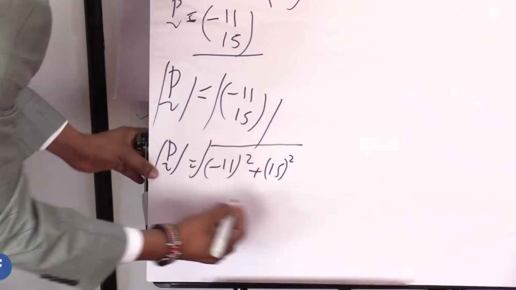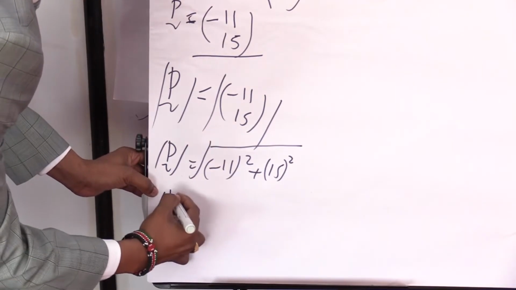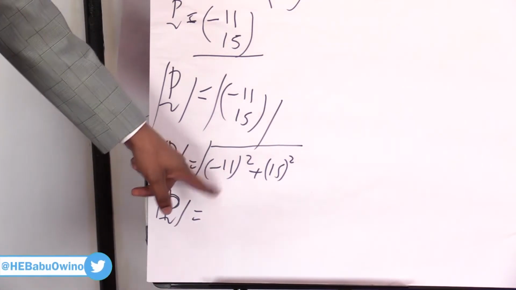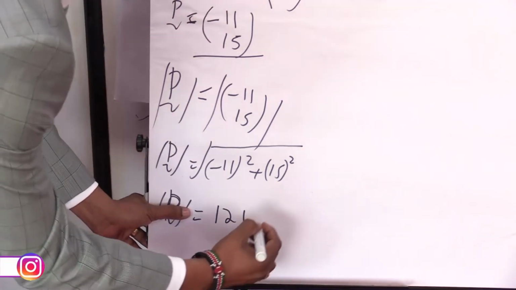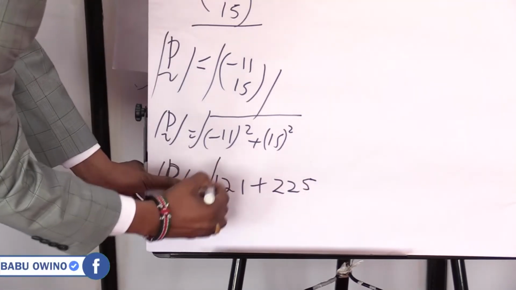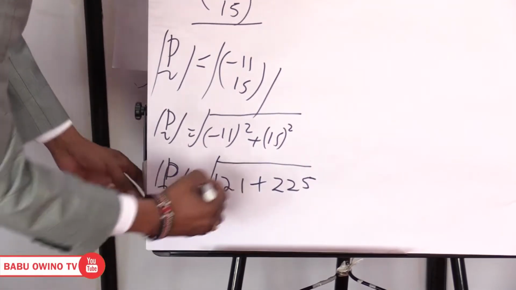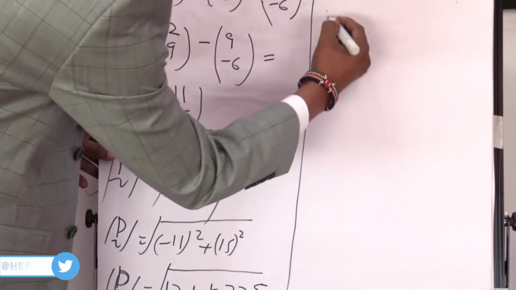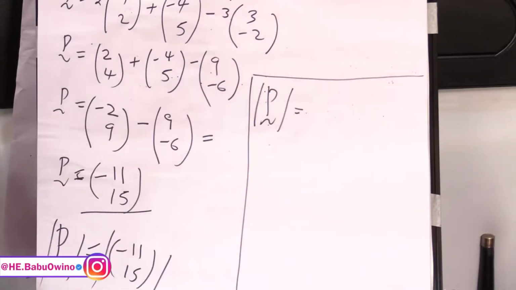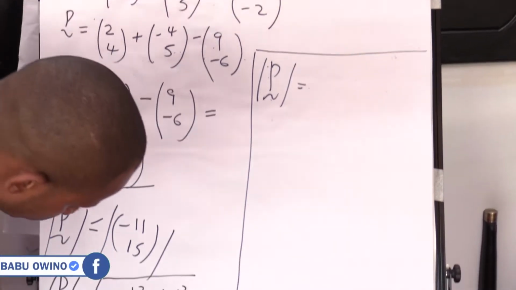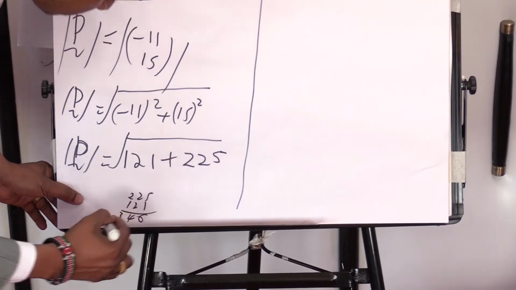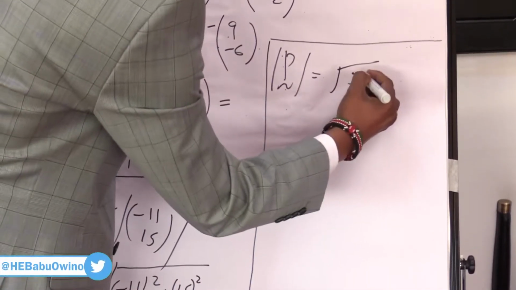So the modulus of P equals to the square root of, minus 11 times minus 11 is 121, plus 15 squared is 225. So this comes to 121 plus 225. This is 346, the square root of 346.